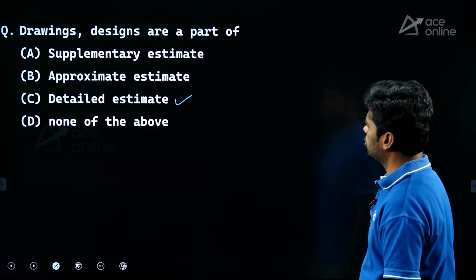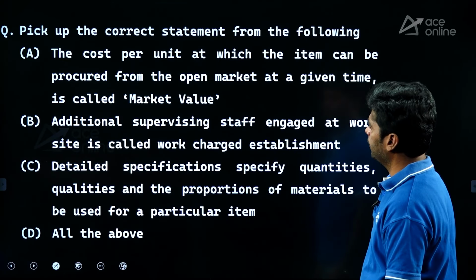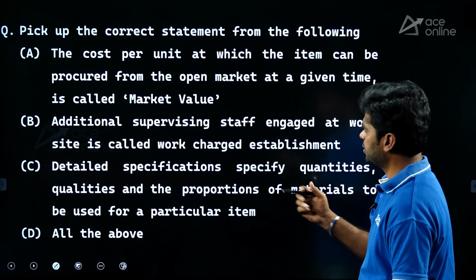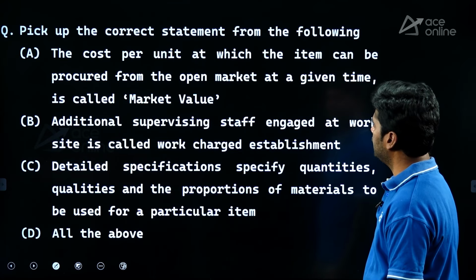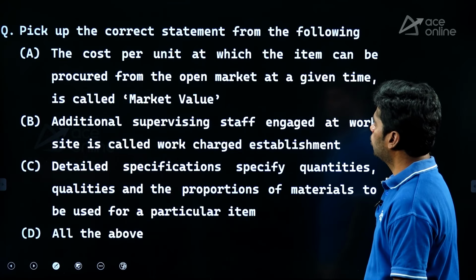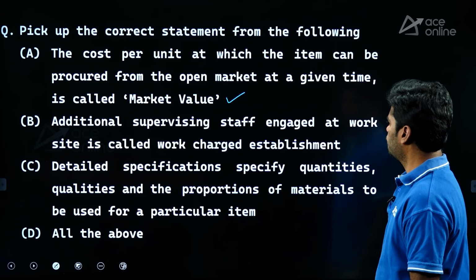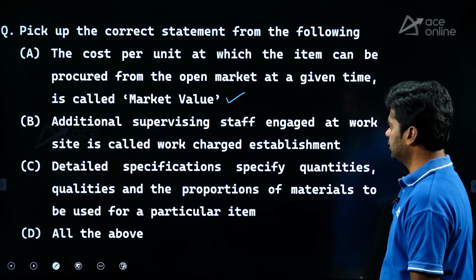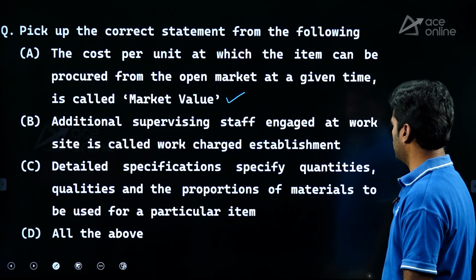Then coming to the next question, pick up the correct statement from the following. Given 4 options. A, the cost per unit at which the item can be procured from the open market at a given time is called market value. Yes, it is true. B, additional supervising staff engaged at work site is called work charged establishment.